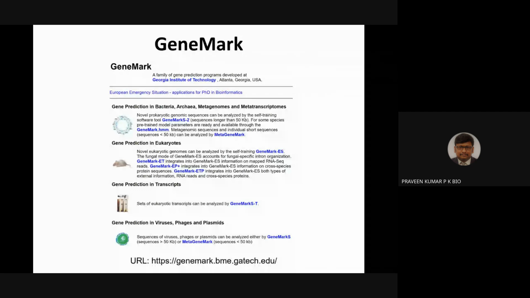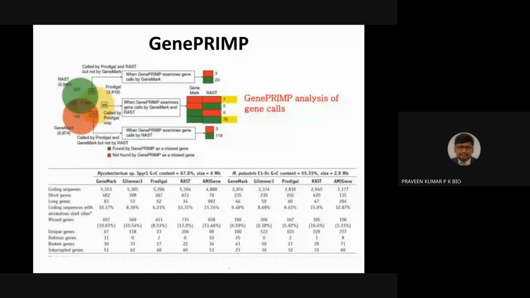One has to click this hyperlink, and you can download the tool and work with gene finding. Similarly, you also have tools for viruses, phages, and plasmids. The URL for GeneMark is mentioned below. Then GeneFrame is just a comparison, so we can even compare genes.